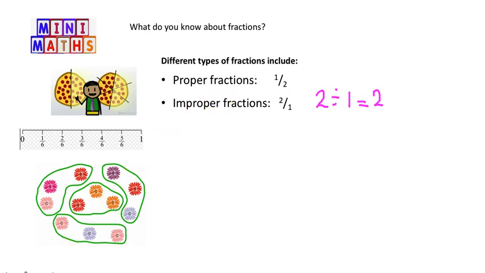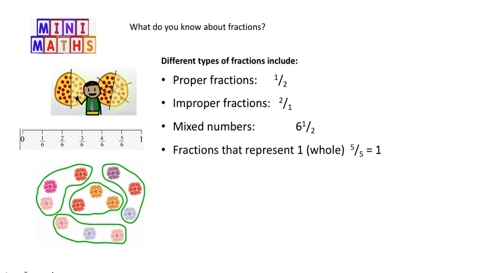And of course, they're the opposite of proper fractions. What else is there about fractions that we need to know? Fractions with a whole number are called mixed numbers. You can have fractions that represent a whole. Again, 5 divided by 5 will equal 1, or 4 quarters are 1, or 3/3 are 1.